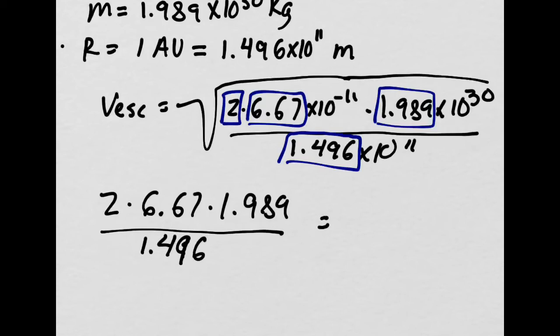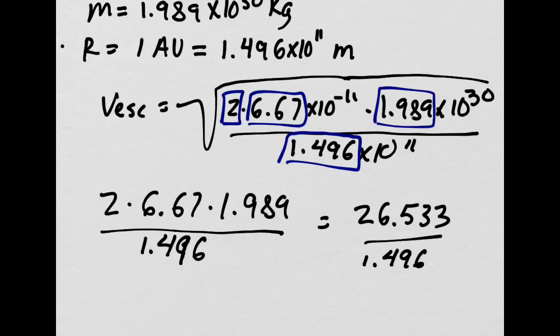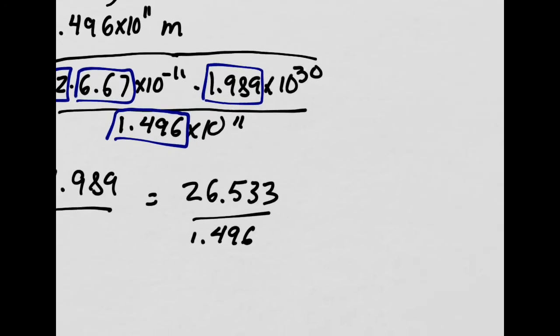Our numerator, 2 times 6.67 times 1.989, is 26.533. Divided by 1.496. Sig figs, as long as you keep a couple, aren't going to really matter in this class.